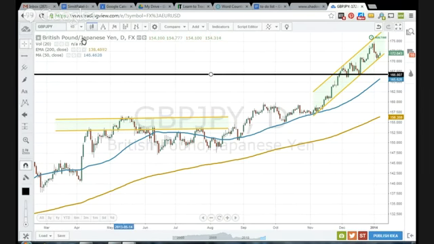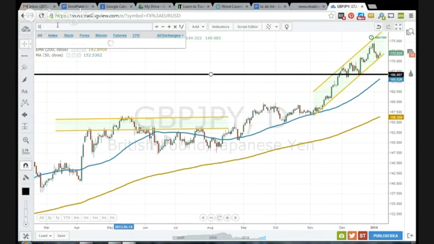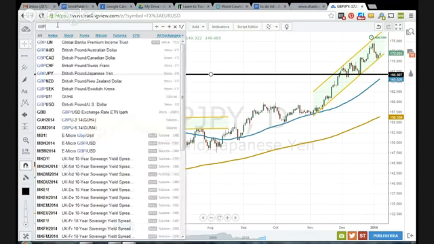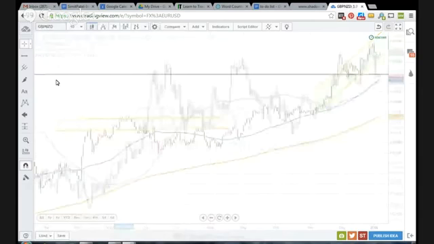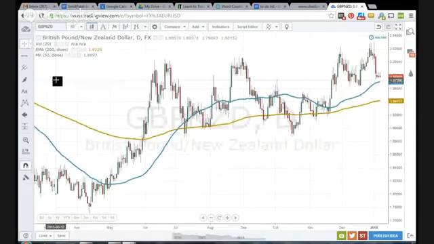Perhaps if I was already in a long pound yen position, I'd be willing to add by seeing it fall to the bottom of the trend line, bottom of the channel. But not being in the position yet, to get my initial base in, I need to see a better pullback. And this is the same theme for those who are watching over this week. This is the same theme we've been seeing over and over.